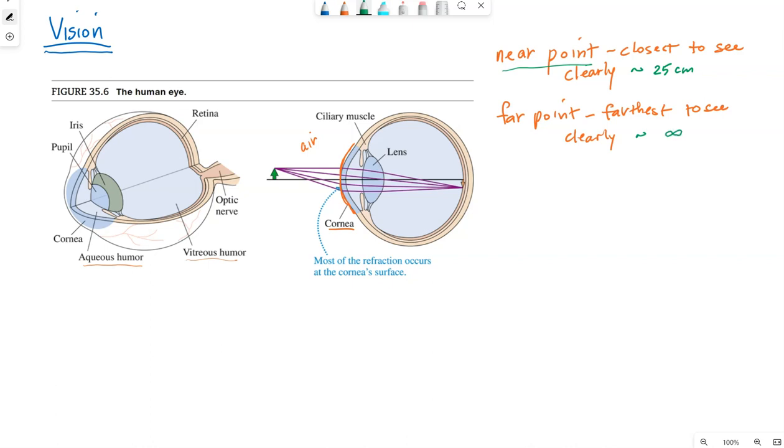Now, granted, I can't see a road sign in Tooele from Salt Lake. So infinity is really pushing it, of course. But that's what we assume as we start thinking about our equations that relate focal point, or focal length, I should say, to object distance and image distance.